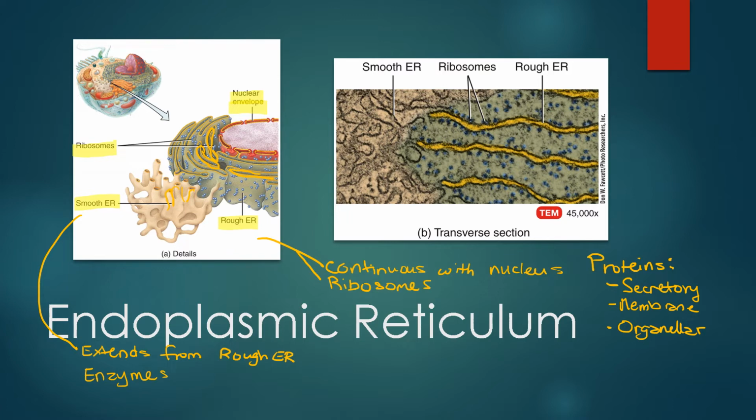Now, because there's no ribosomes on it, the smooth ER does not synthesize proteins, but it does synthesize things like fatty acids, also steroids. And these are going to be steroids like estrogens and testosterone.